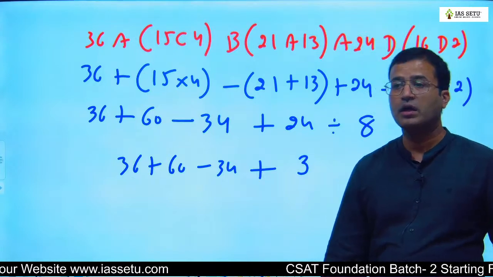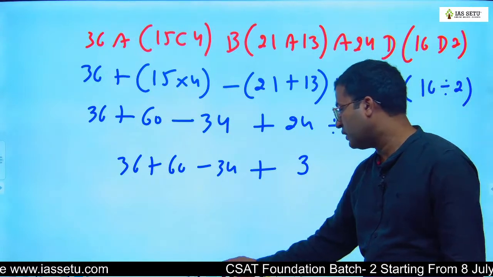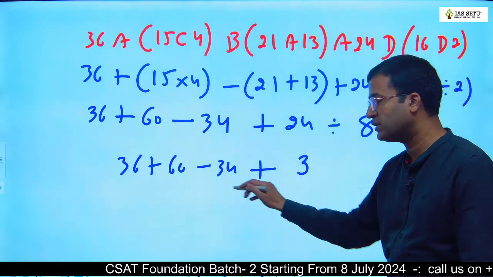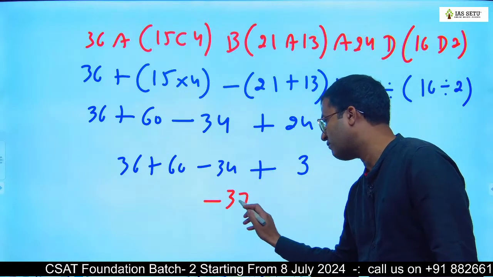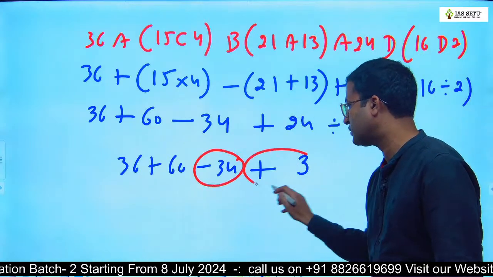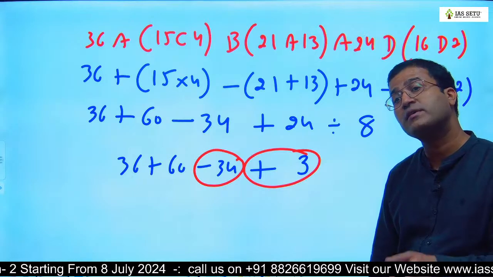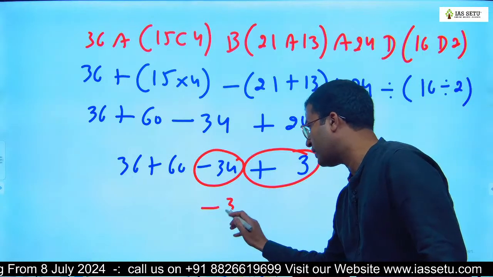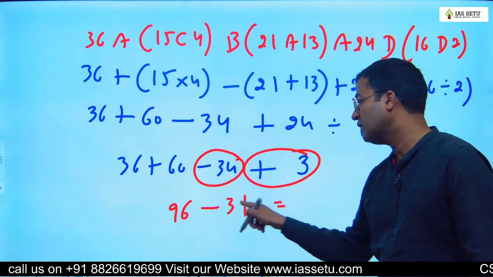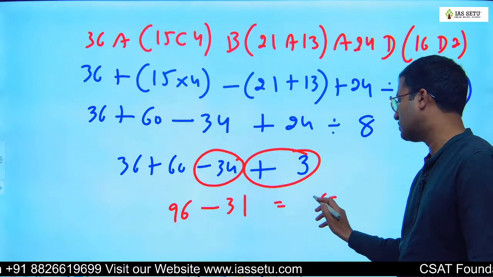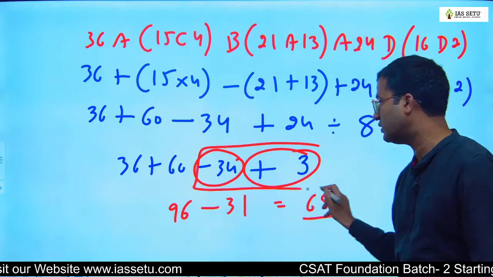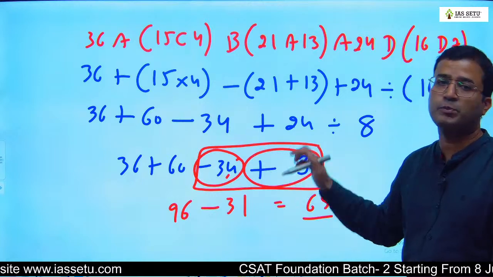Then addition. Now what mistake do some students make? Some of the students, I tell you, that is carelessness. Plus becomes minus 30. You are adding integers. Minus 34 plus, what is minus 34 plus 31? It will be minus 3. The answer is 96 minus 31, minus 1 5 9 minus. Don't write minus 37. Students write minus here, but it is a negative integer plus a positive integer.